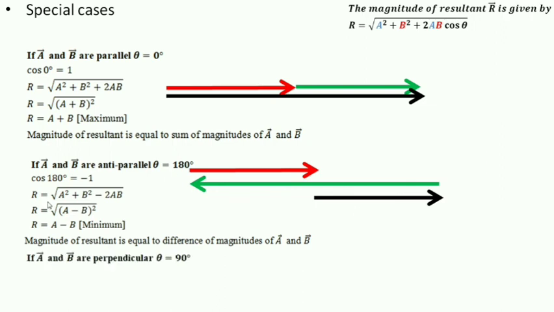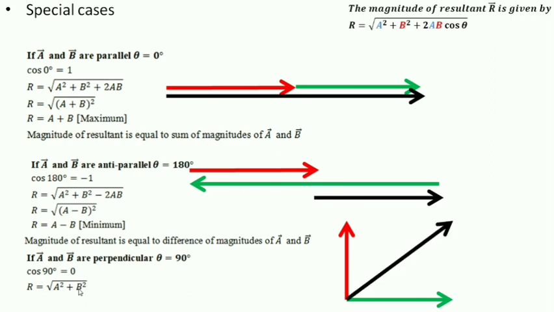If a and b are perpendicular, if they are like this, then theta will be 90 degrees and cos 90 is 0. So your R will be root over a square plus b square. So this will be the resultant. How to get the resultant? By shifting this vector out here, by making the triangle law.